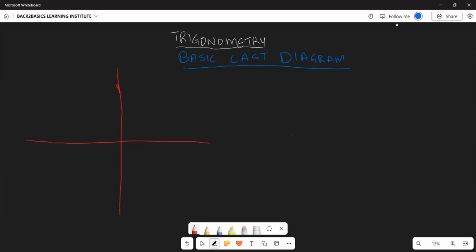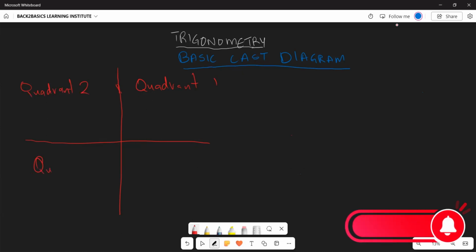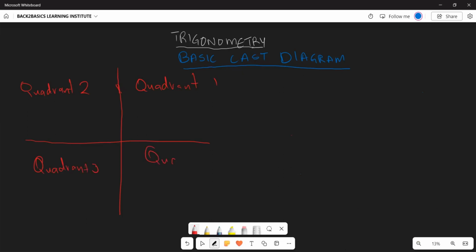Firstly, these CAST diagrams are categorized according to quadrants, right? So you have this one, which is your quadrant one, this one is your quadrant two, this one is defined as your quadrant number three, and this one as your quadrant number four, right?